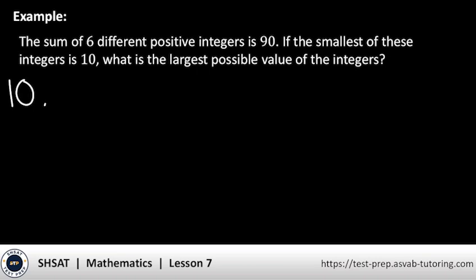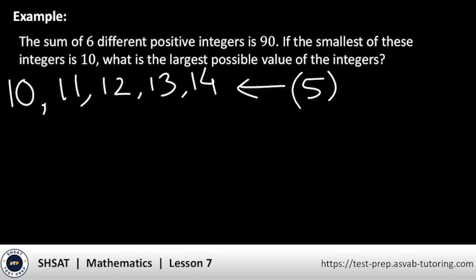Because they're asking about the smallest or the largest, let's say the numbers start with 10, because 10 being the smallest, it can be 10, 11, 12, 13, 14. So the smallest 5 integers can be 10, 11, 12, 13, 14.